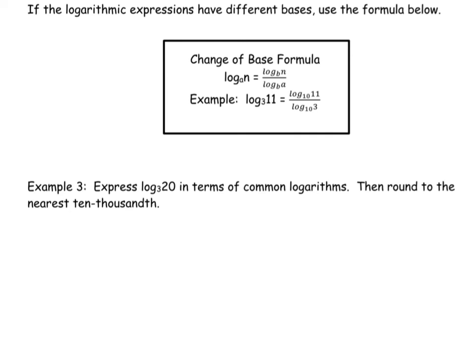Which says express log 3 of 20 in terms of common logarithms, then round to the nearest 10,000th. So first, we're going to go ahead and express this using our common log, using that base of 10, so like they did up here in this example. So I'm going to go ahead and write this as log base 10, and based off of the formula, we're going to have another log base 10.